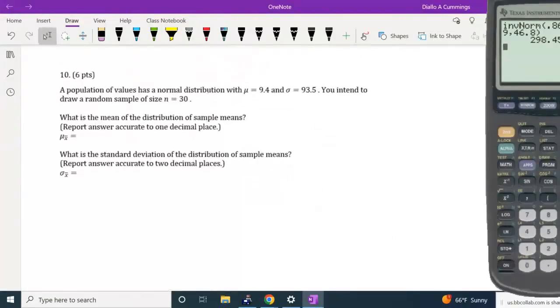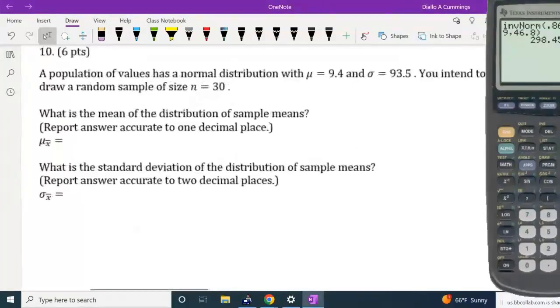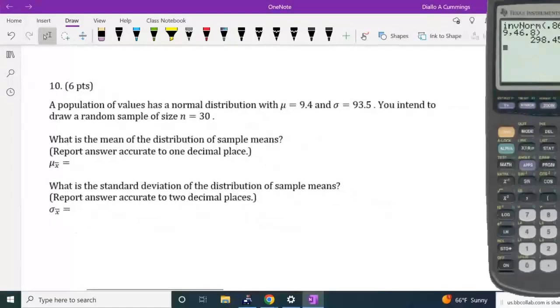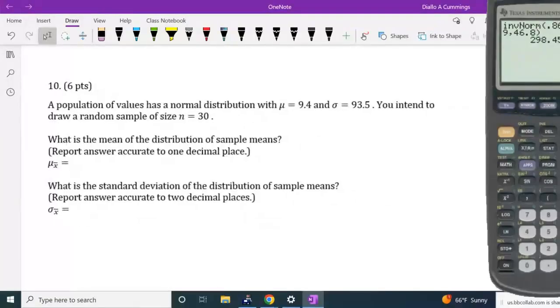All right, problem number 10. It says a population of values has a standard normal distribution with a mean of 9.4, a standard deviation of 93.5. You intend to draw a random sample of n equal to 30. So we're not drawing a random sample of one thing, we're drawing 30 things, right?